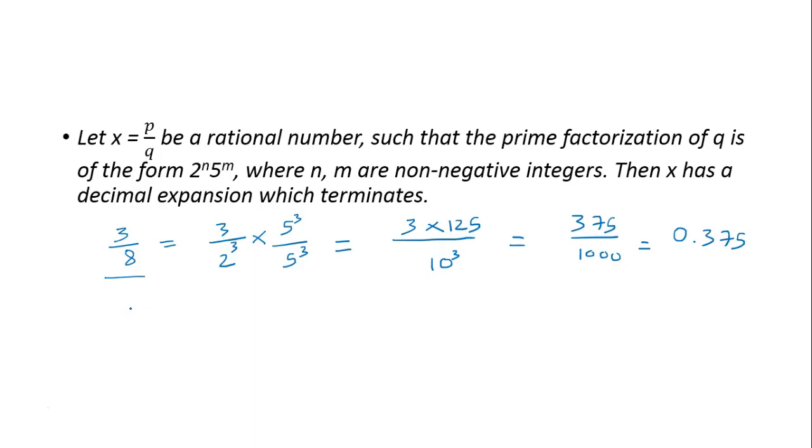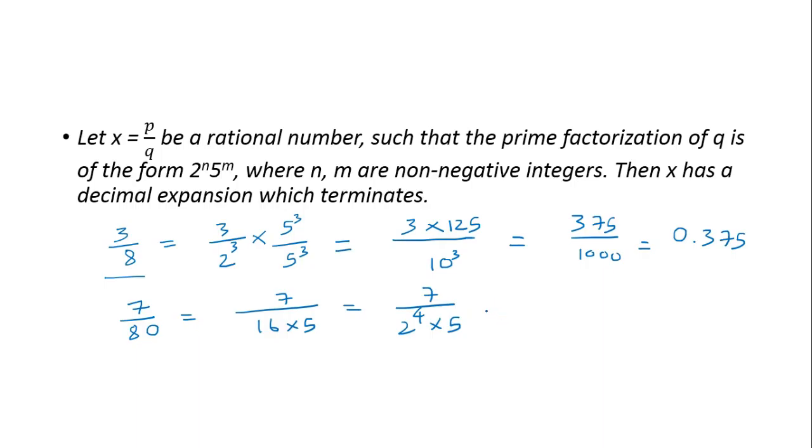Let's look at another example. If you have a rational number like 7 by 80, this can be written as 7 by 16 times 5, which is 7 by 2 raised to 4 into 5. So here it's an example of a rational number in which the denominator can be written in the form 2 raised to n into 5 raised to m. Now is this a terminating decimal?